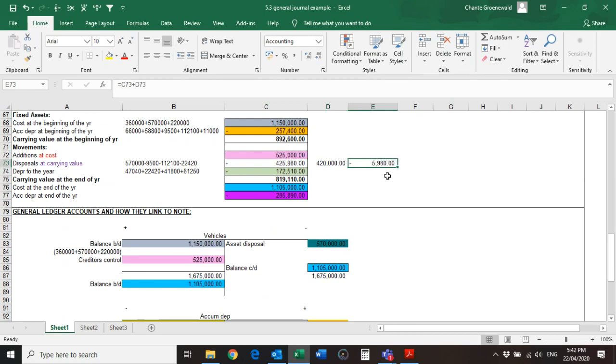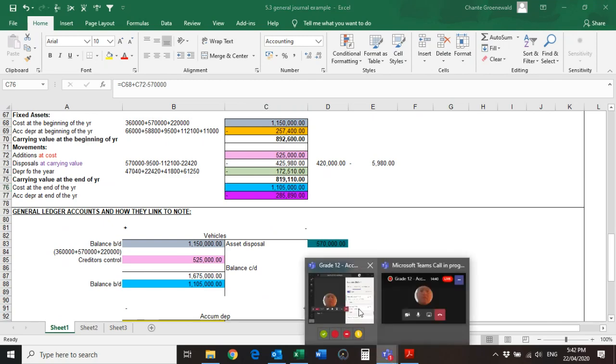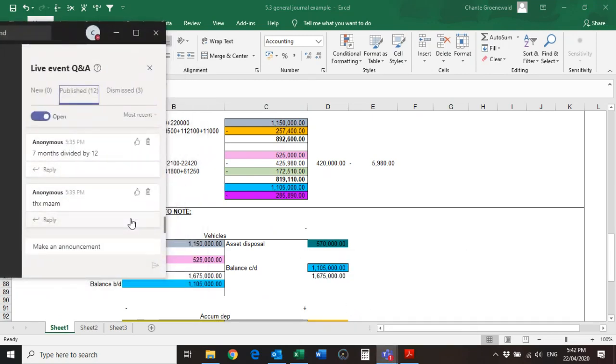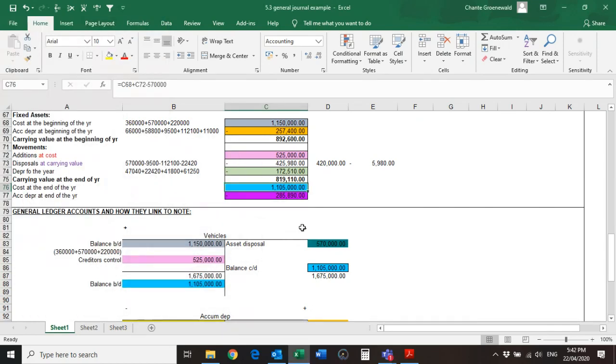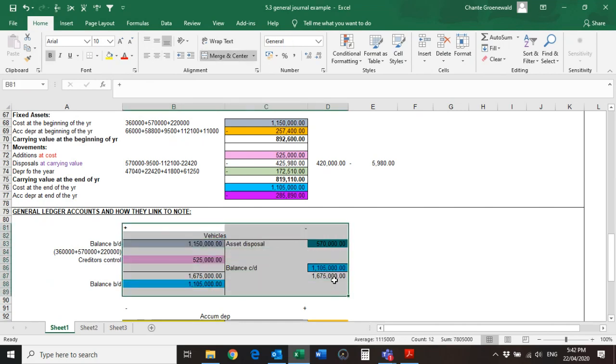Okay, now another thing. You now have the cost at the end of the year. We have 3 minutes left. So in order to do this, obviously you know that it is the balance in my general ledger, and I also drew this whole thing for you.